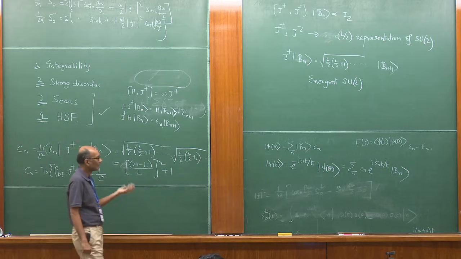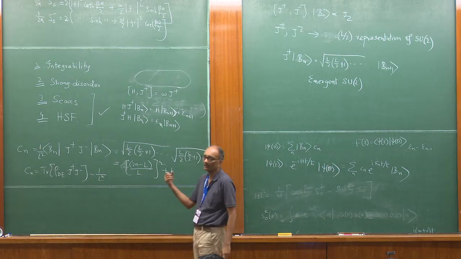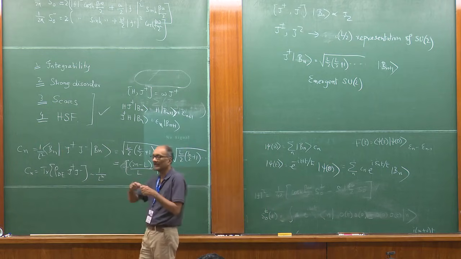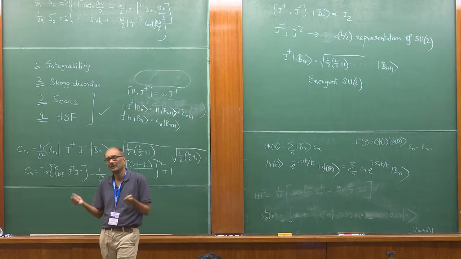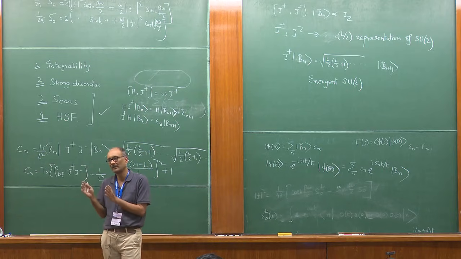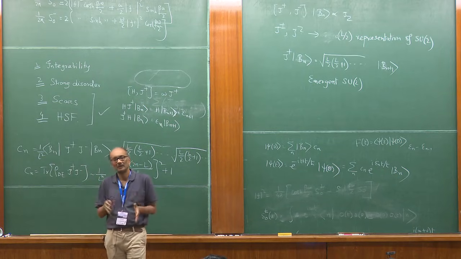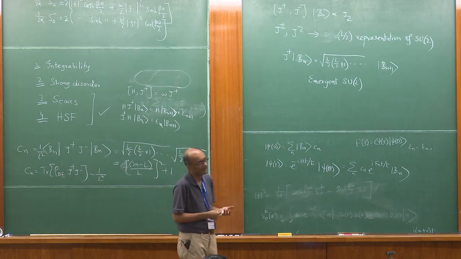And also one can calculate the entanglement entropy, which is again a completely numerical exercise, but you can do it. So what you do is that you take a state, constitute the density matrix, and then trace out the states in that density matrix which have weight on one half of the chain, and compute what is called the half chain entanglement.